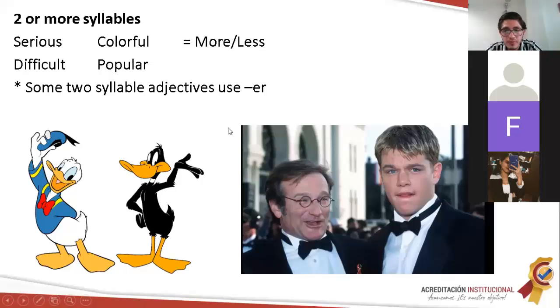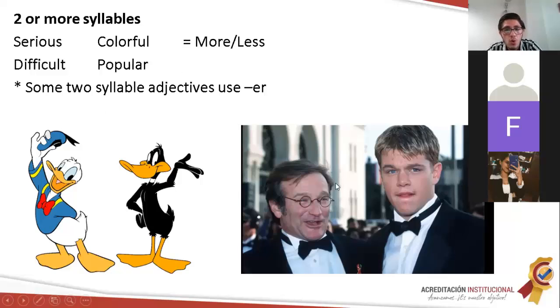For example, I can say Matt Damon is more serious than Robin Williams. Or I can say Robin Williams is less serious than Matt Damon, right? This goes before the adjective, only if you have two or more syllables.